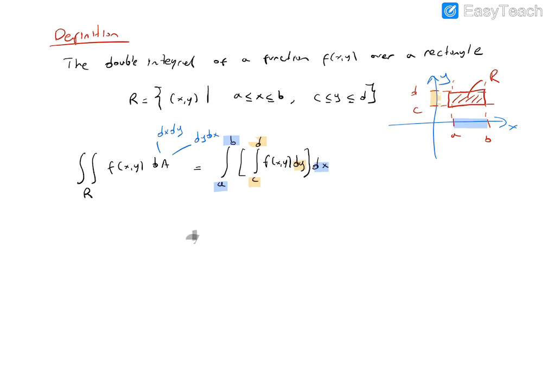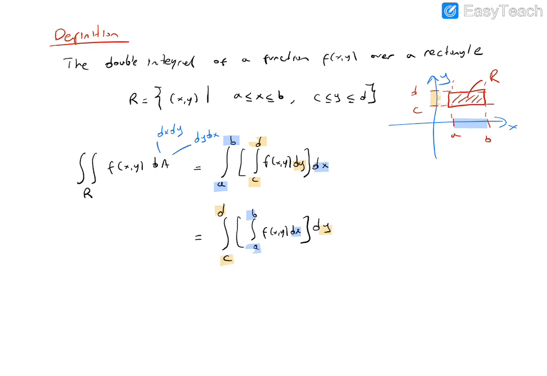Okay, so this is the change of x, this is the change of y. Or you can use the following one, which equals the integral from c to d. So we integrate in terms of y at the end of the calculation. First we calculate from a to b, f of xy dx. Okay, so here x changes from a to b and y changes from c to d.